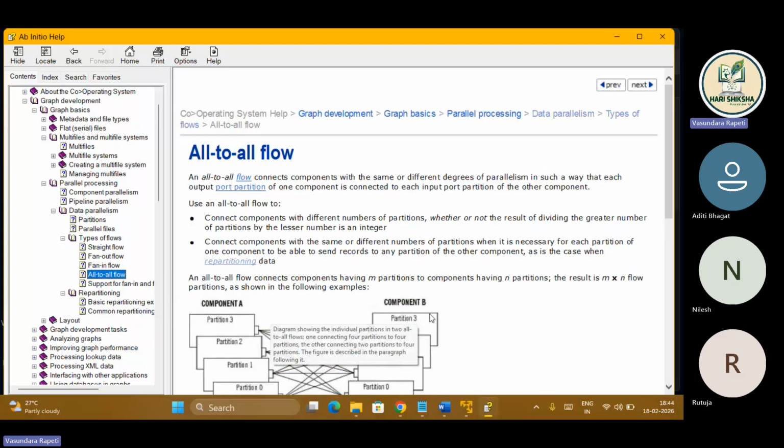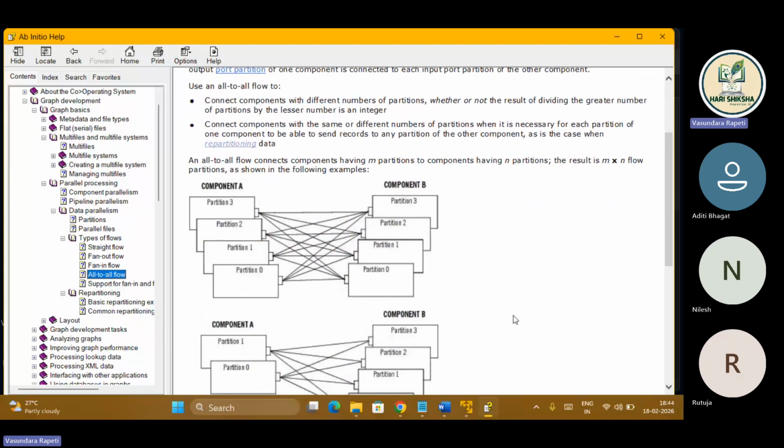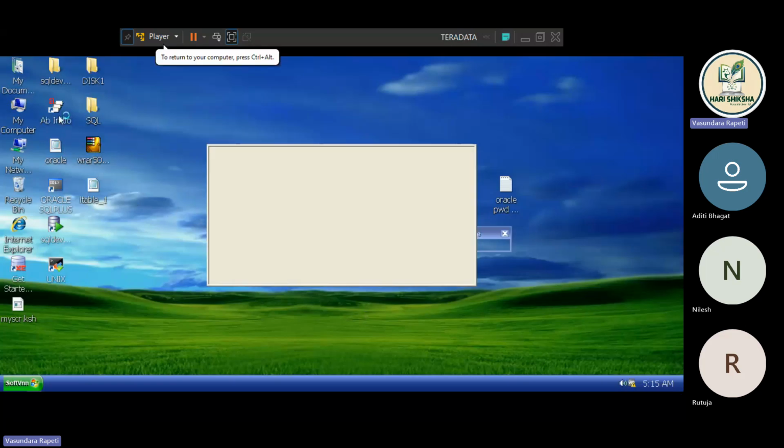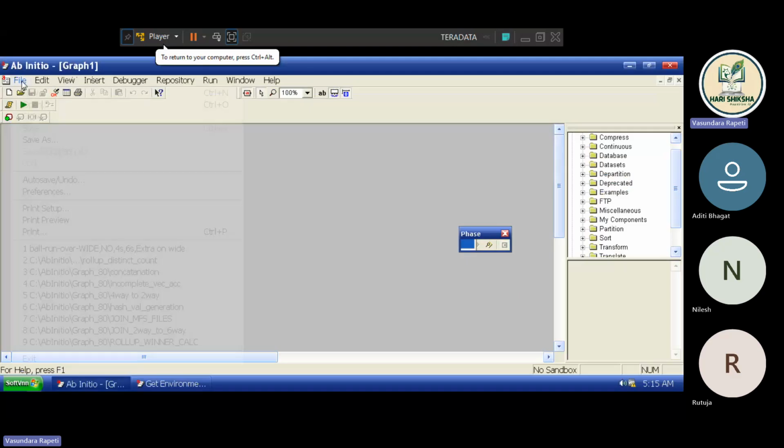And yesterday you also saw all to all flow has one more use. I sent you that graph of combining the data of two partitions. In that graph, it was also an all to all flow, but it was not broadcasting. It was just for combining purposes.